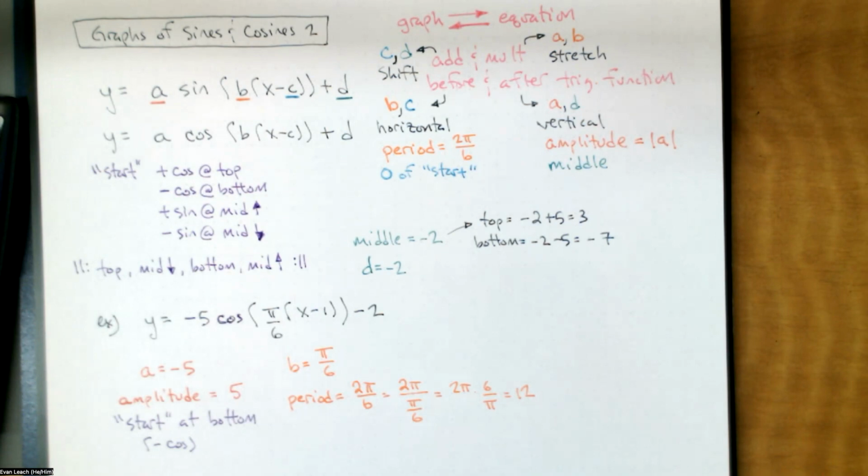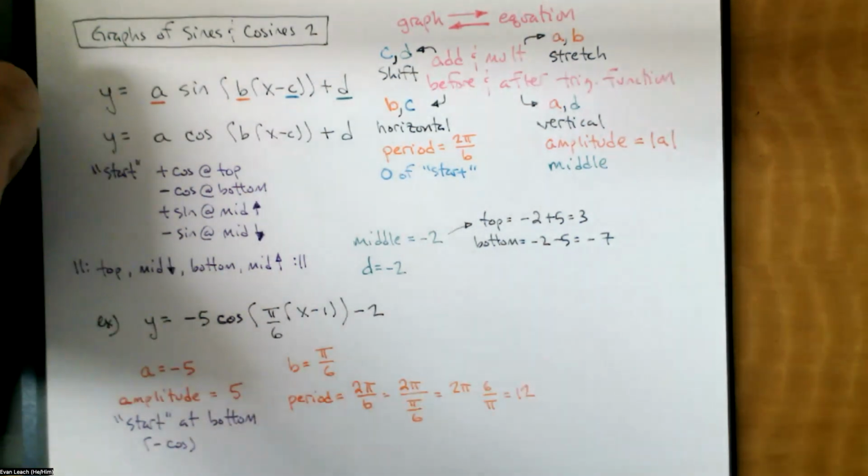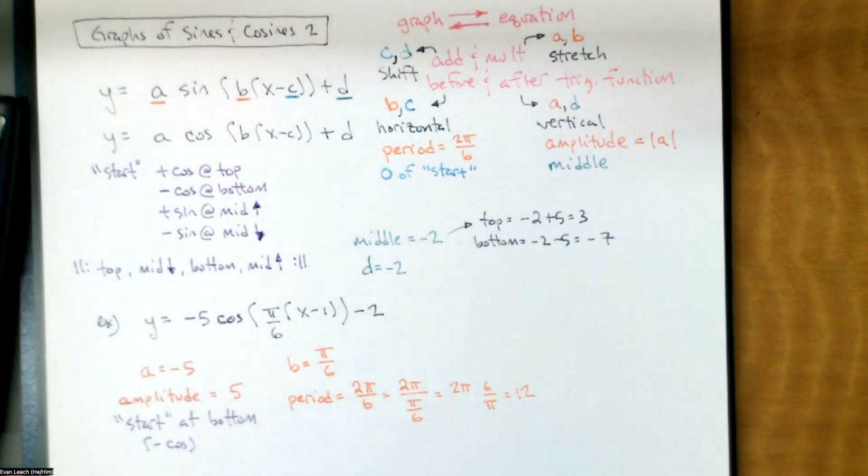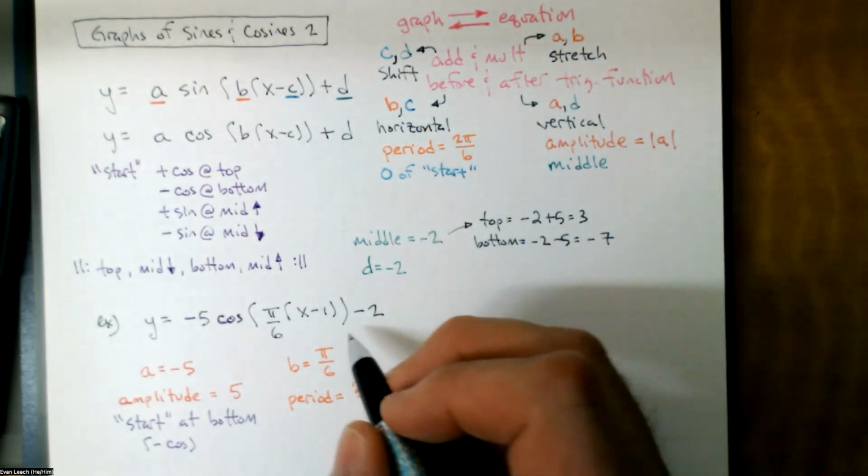The last thing we could look at is what the value of c is. And it looks like we have x minus 1. So c is equal to 1. C is the number after we say x minus, and we say x minus 1. So c is equal to just 1.